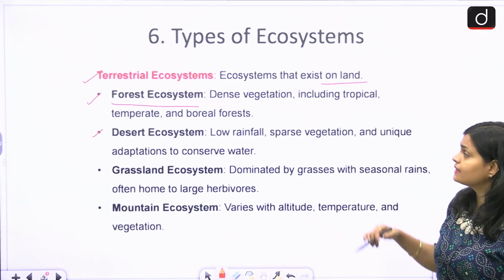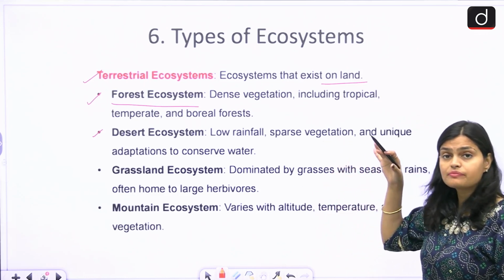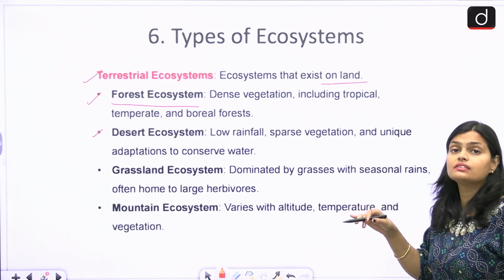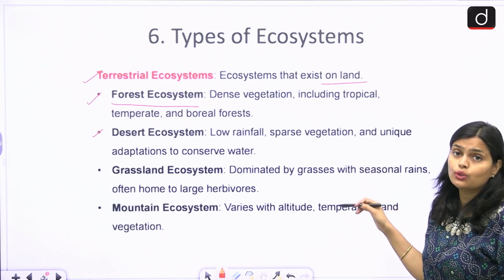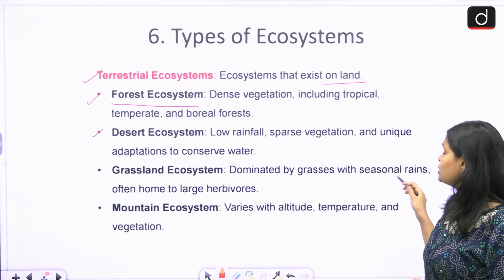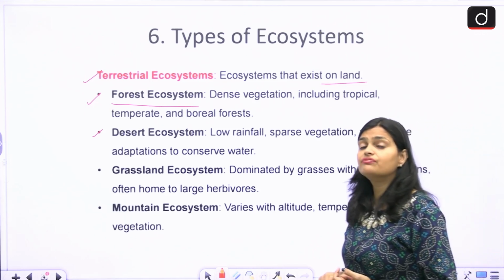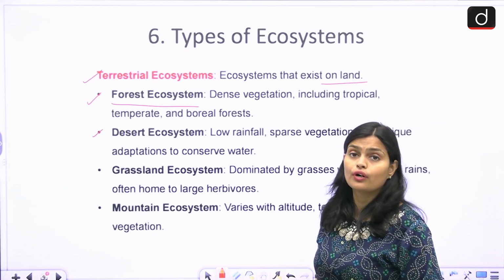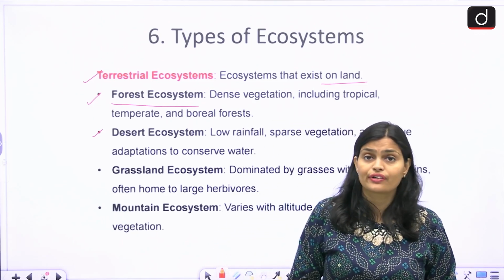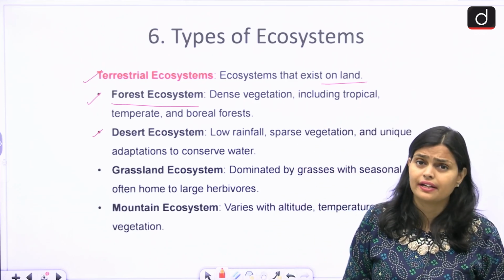In the desert ecosystem, you have a very low amount of rainfall and very little vegetation. Organisms adapt with unique features to conserve water within the body, because groundwater is very scarce and sunlight is of very high intensity.